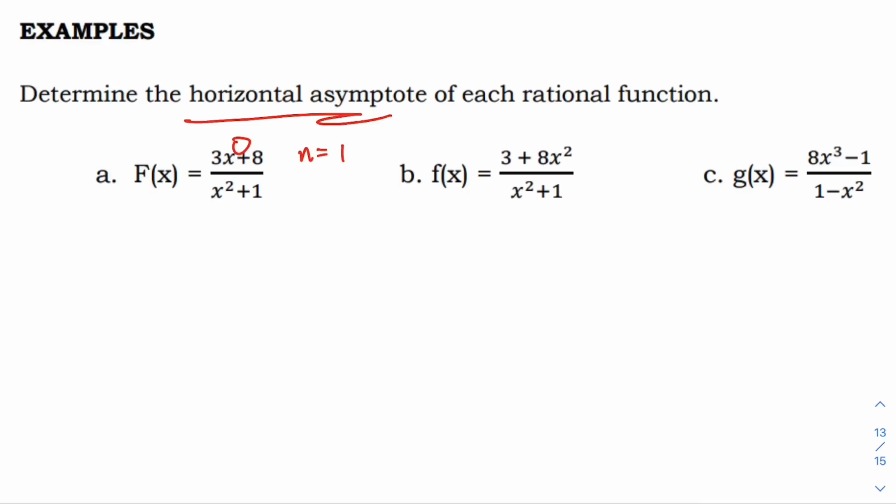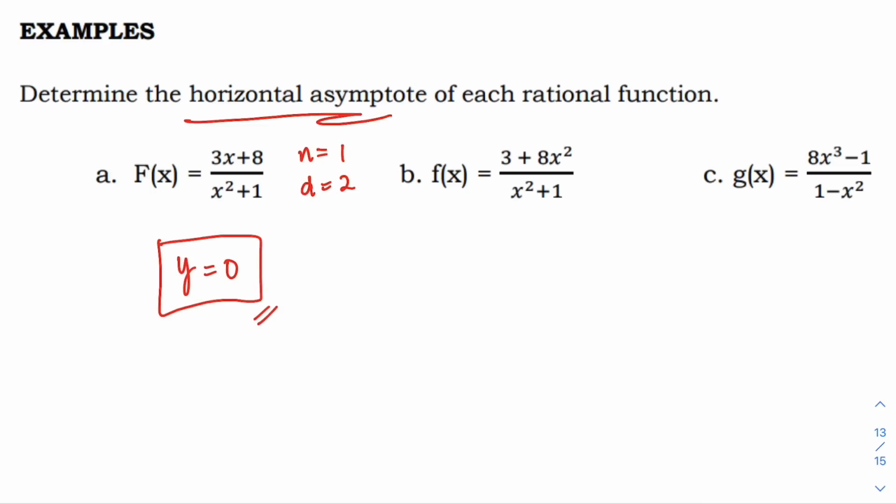Kung mapapansin nyo, walang exponent yung ating variable. Tama? Pagka walang exponent, understood yun na 1. Okay? Then, yung degree naman ng ating denominator is equals to 2. Yun yung highest exponent dito sa ating polynomial. Okay? So, the degree of the numerator is less than the degree of the denominator. Tama? So, therefore, the horizontal asymptote is y equals 0.